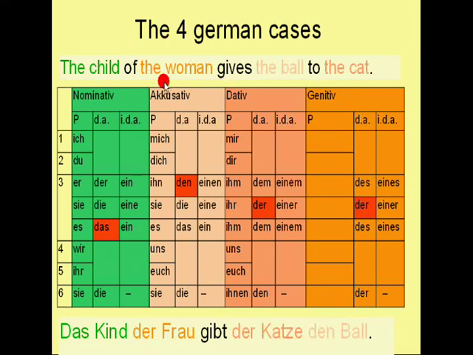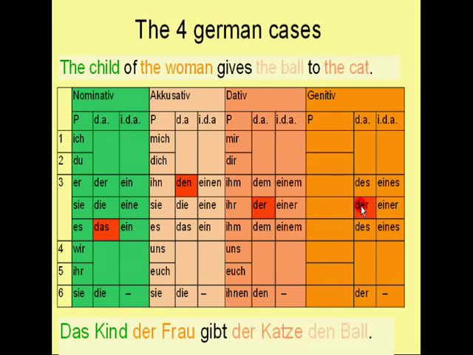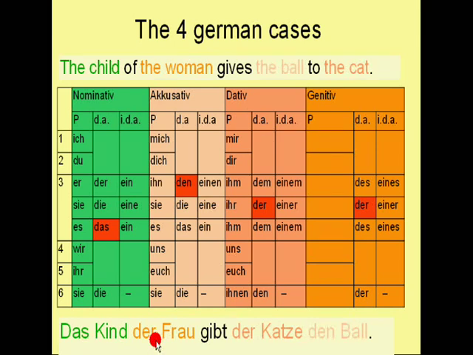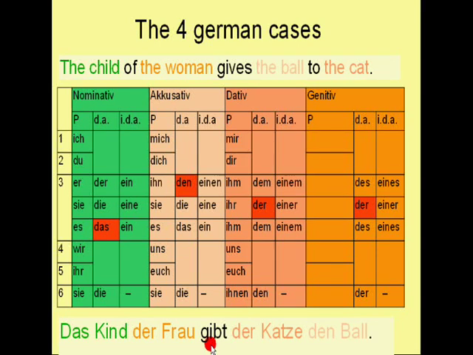The woman is in this case the possessor and is in the genitive case and translates like this, der Frau. Just like here, Frau is feminine, and this is the definite article for feminine nouns in the genitive case. So the sentence starts with das Kind der Frau, then the verb follows. So you see that the genitive case is even before the verb.